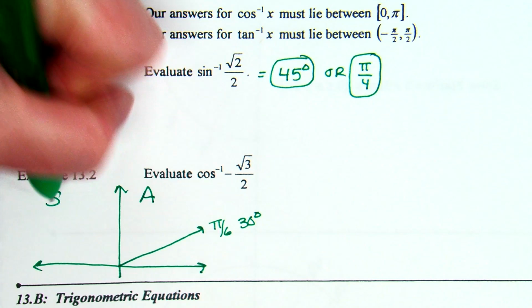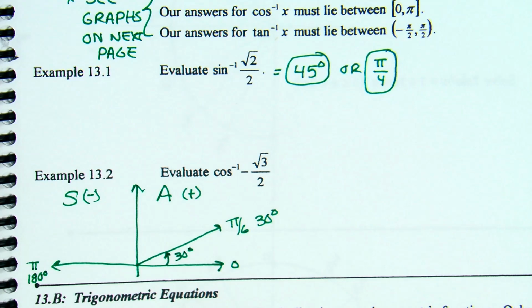How do I find that answer? You could do 180 minus 30. Like 150 would be the degree angle, right? So right here, 30-degree reference angle in quadrant 1. What is the equivalent to the 30-degree reference angle in quadrant 2?